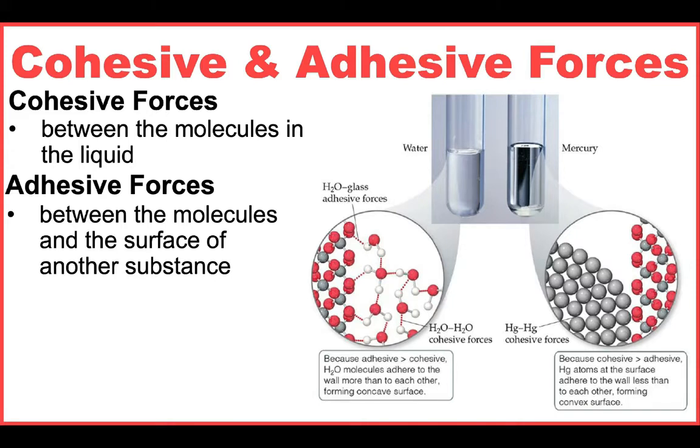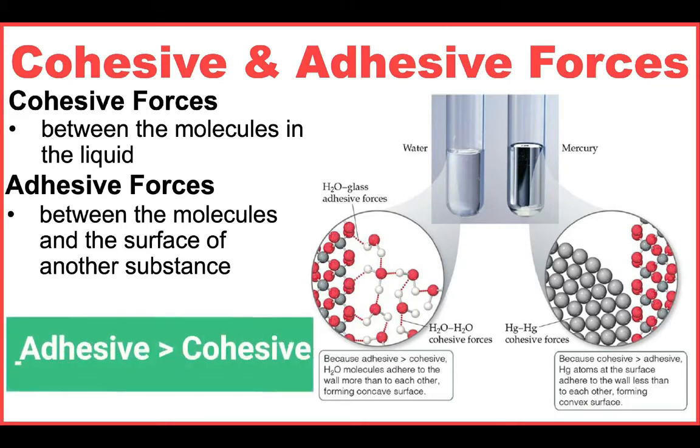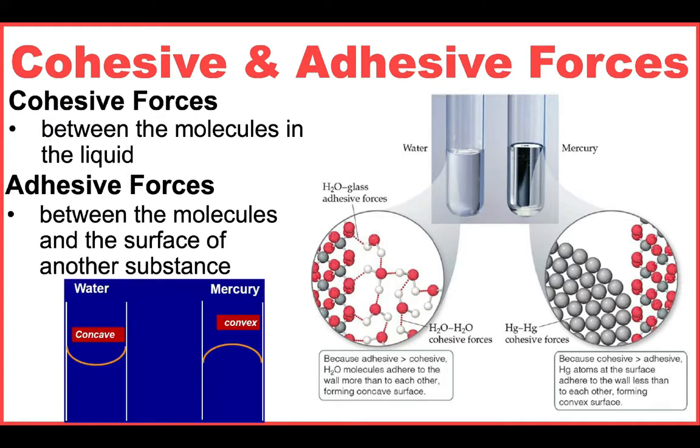Now, if adhesive forces are greater than cohesive forces, you will form a concave, like here in water. This is because water molecules adhere to the wall more than to each other. Now, if cohesive forces are greater than adhesive forces, like here in mercury, you will form a convex.